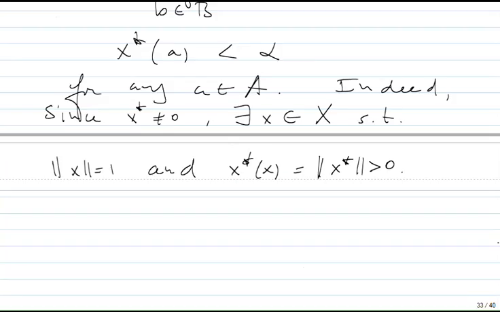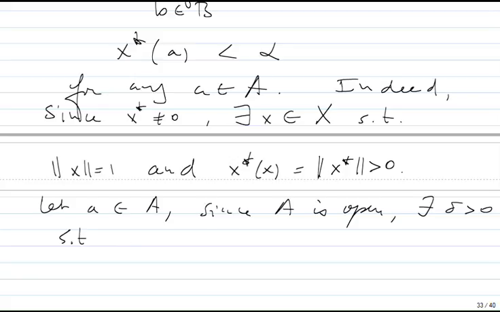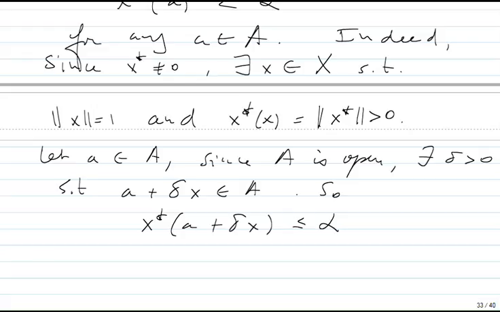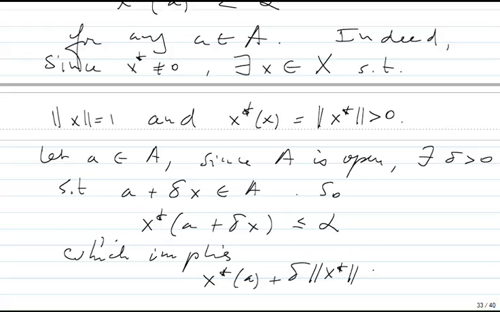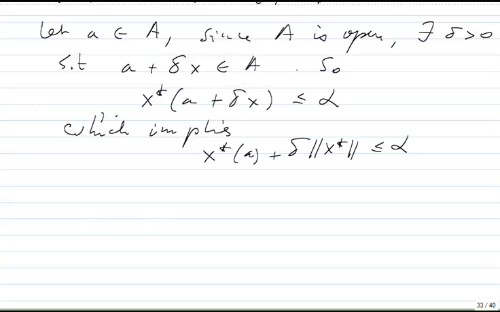Let a belong to A. Since A is open, there exists delta positive such that a plus delta x belongs to A. Okay, so x star of a plus delta x will be less or equal than alpha, because they are all less than alpha, therefore the supremum is less or equal than alpha, which implies x star of a plus delta norm of x star is less or equal than alpha, or x star of a is less or equal than alpha minus delta norm of x star, strictly less than alpha.